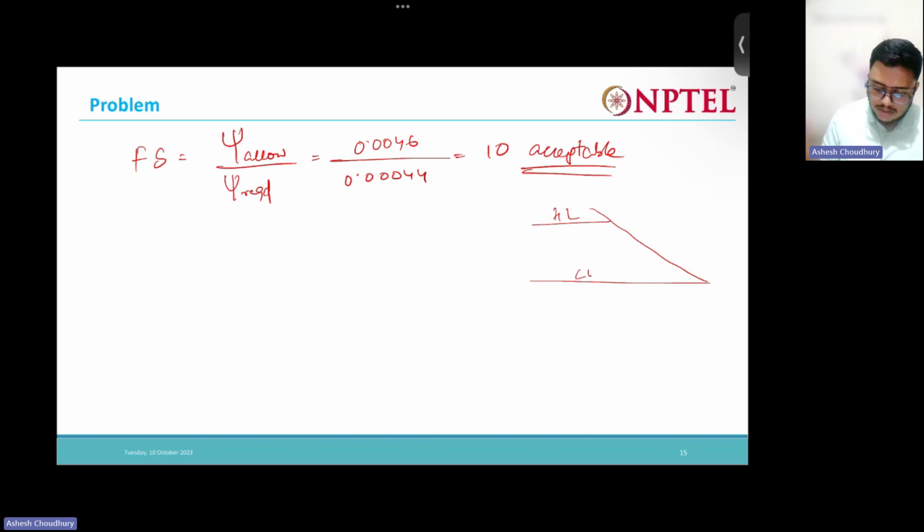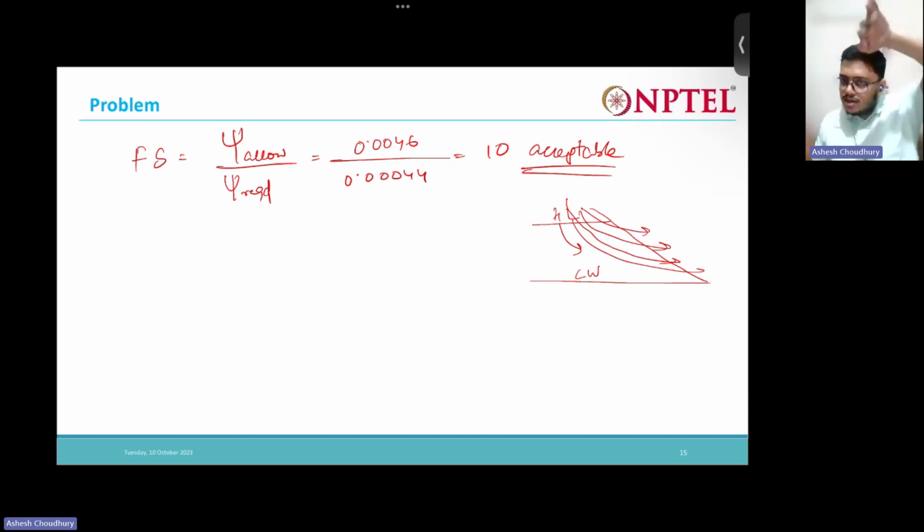When water recedes from here to this low level, this flow is occurring through the geotextile, and the geotextile should allow this much flow to happen easily through it.